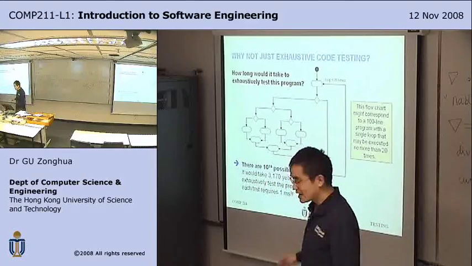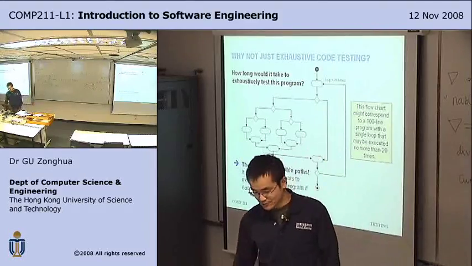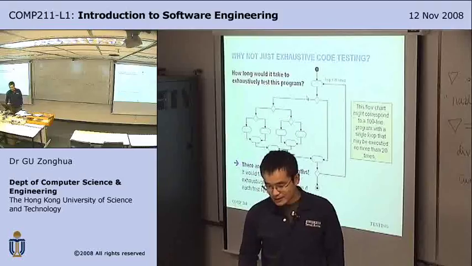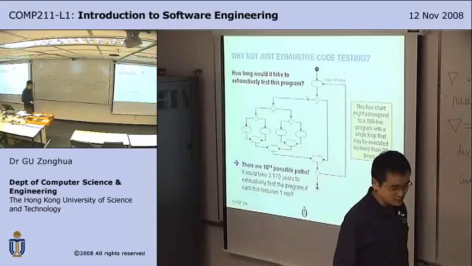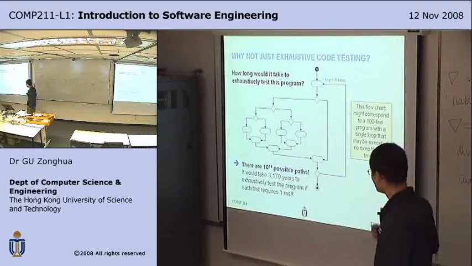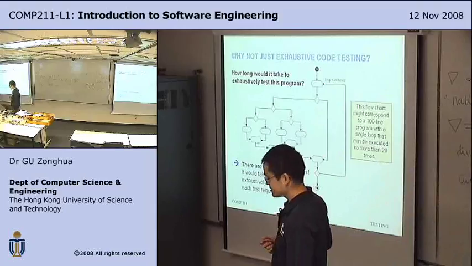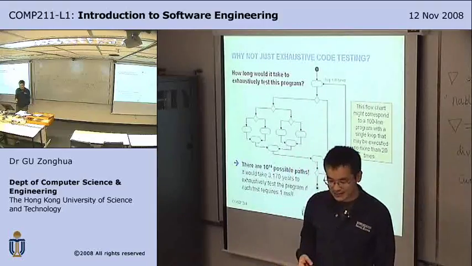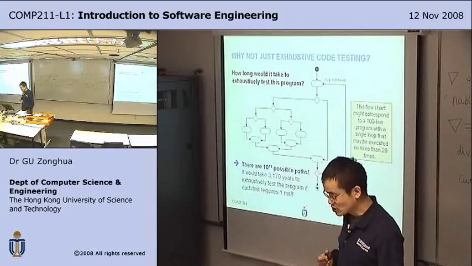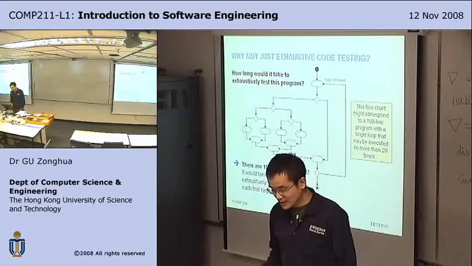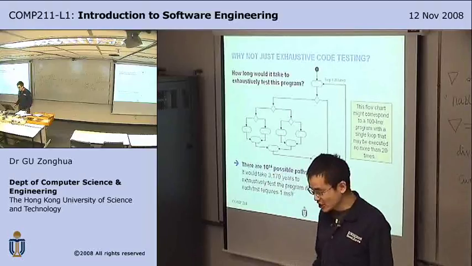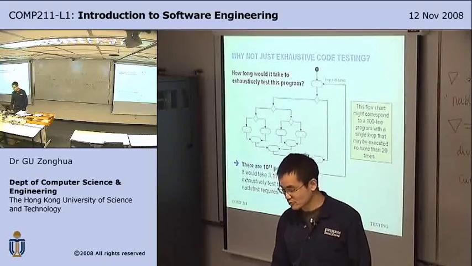Last time we said even for the toy example of a 20 times loop, it has so many different possible execution paths that it takes many years to exhaustively test this program. Therefore, exhaustive testing is not possible for any realistic program.